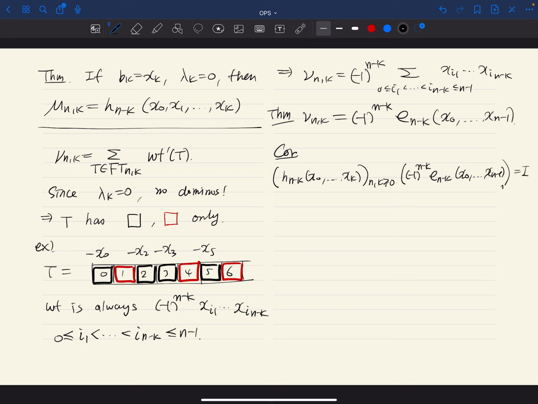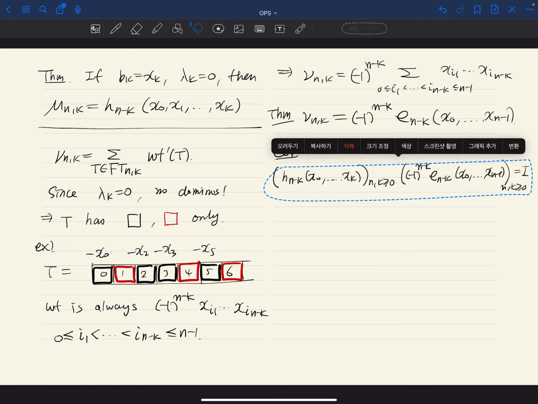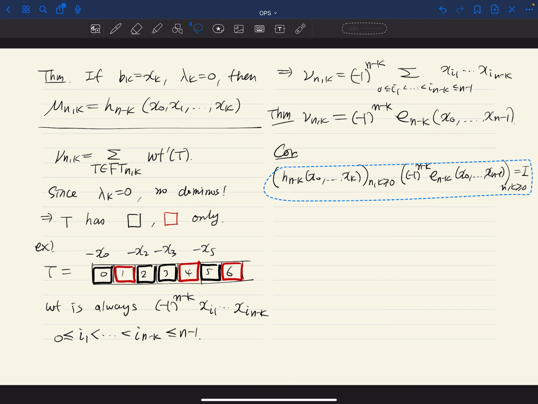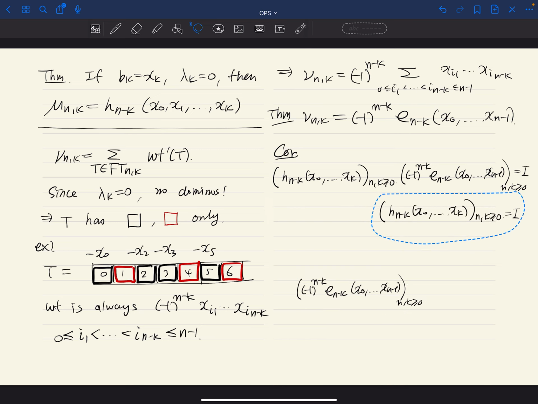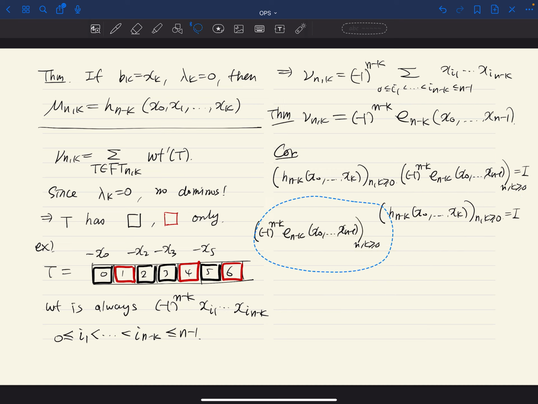So again, nk is greater than or equal to 0. And the same thing holds, except we just change the order of the matrices. This is also true.